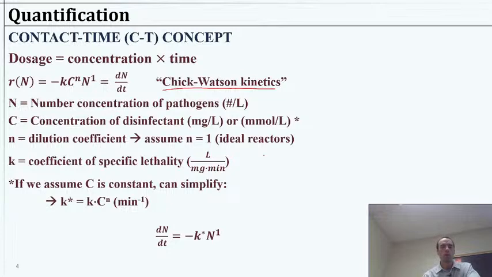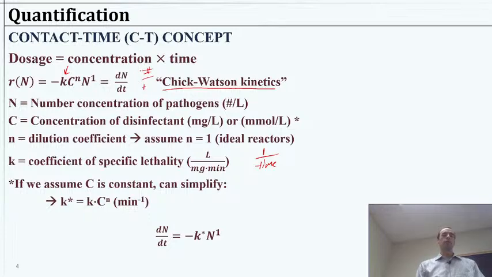Now, this K is not like the typical K for a first order, because normally we'd have 1 over time for a first order reaction. If we take a look here, the K has to satisfy the fact that we also are incorporating the concentration here. So it has to account for those units in addition to the time units that are required. Because ultimately, if we add volume there, it's a change in the number per time.